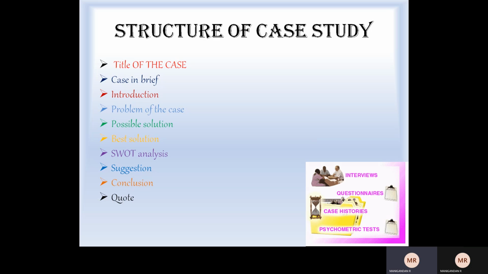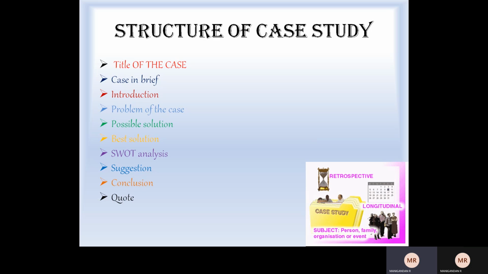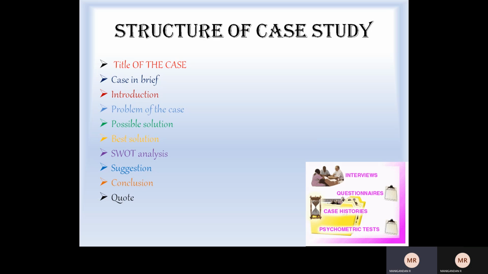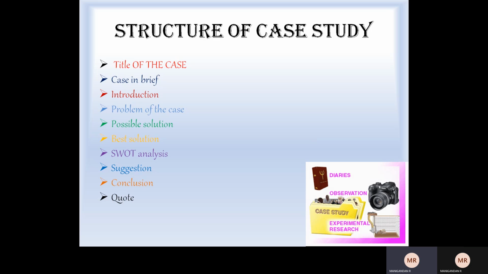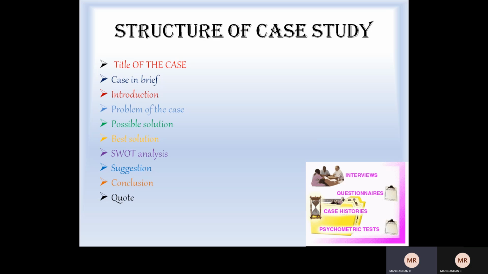So how can I write those case studies? It has a different method, a different way to write, but at the same time we need to follow the same thing. Here we need to add some extra methods, so we can provide evidence. While writing any manuscript for case studies, we definitely provide some evidence. You cannot simply copy and write.